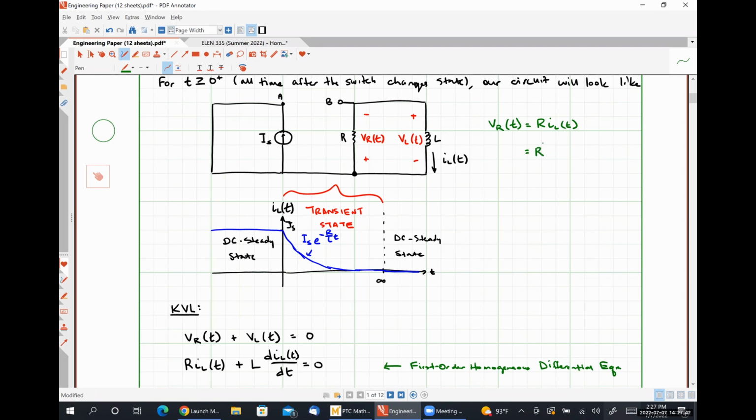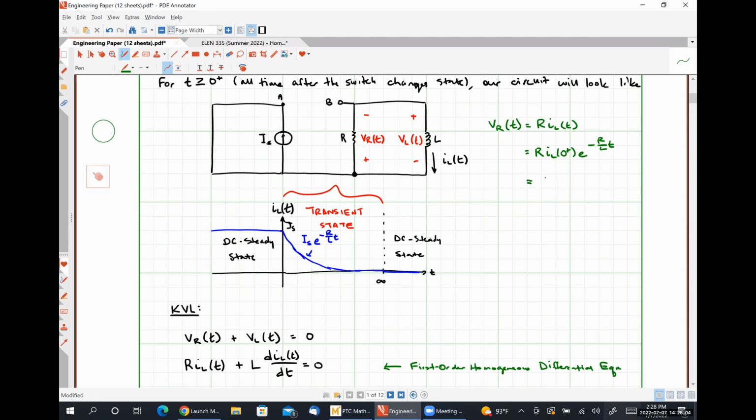which is then going to be R times IL of 0 plus e to the negative R over L times time.